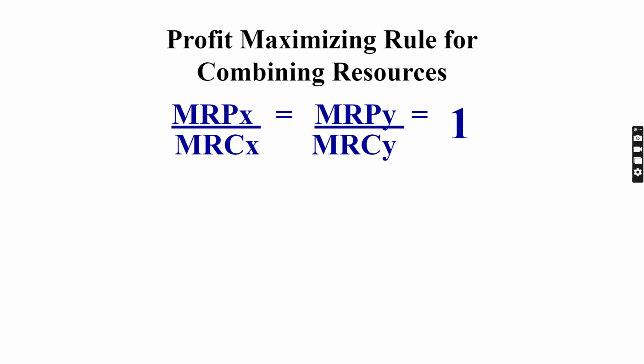You're going to put the marginal revenue product of the first resource, resource X, divided by the marginal resource cost of resource X, and that will equal the marginal revenue product of the second resource, resource Y in this case, divided by the marginal resource cost of resource Y, and this should all equal 1. Each one should equal 1.